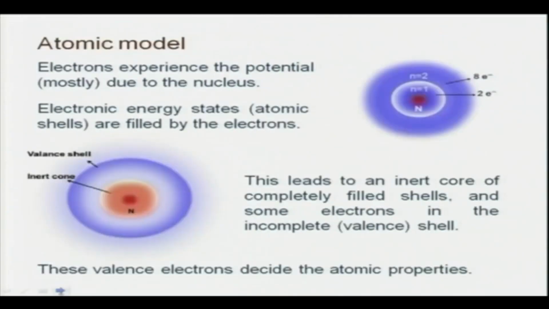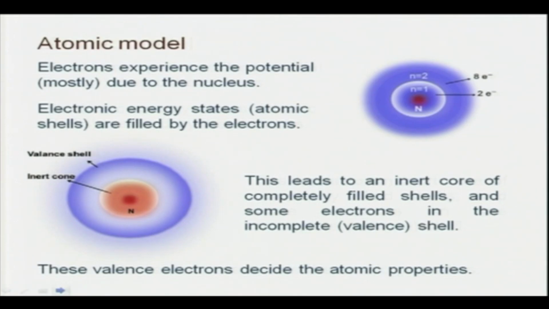So, we will discuss this in a little detail, but before actually coming to the nuclear shell model, let us look at what is the atomic shell model. Just recap that. In the case of the atomic model, we have a nucleus and a lot of electrons moving in the potential generated by the nucleus.